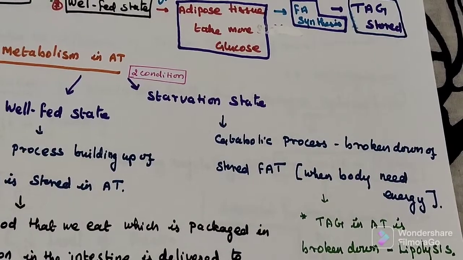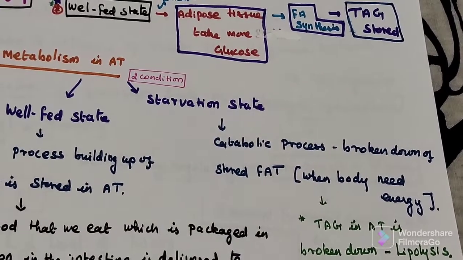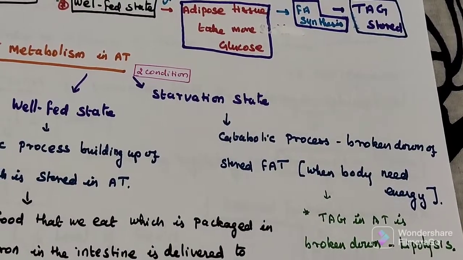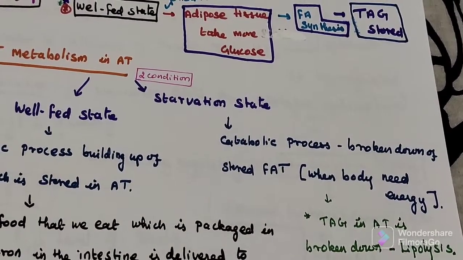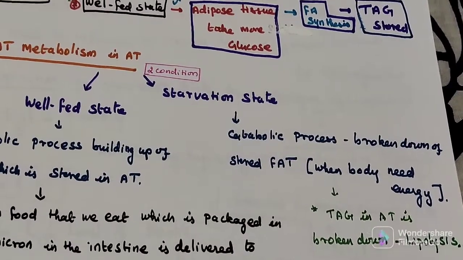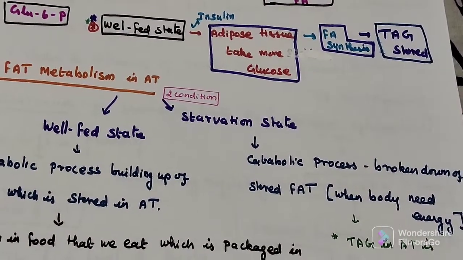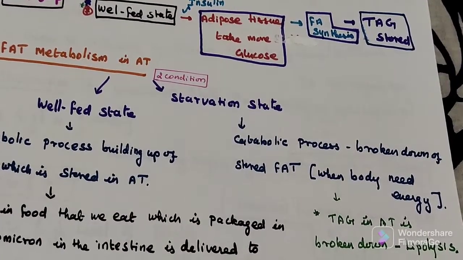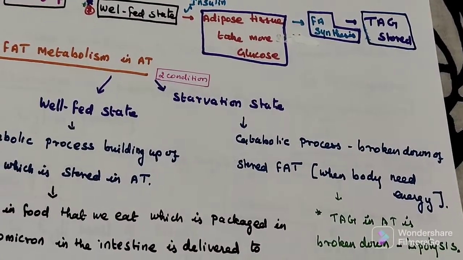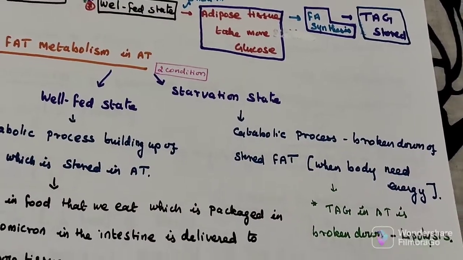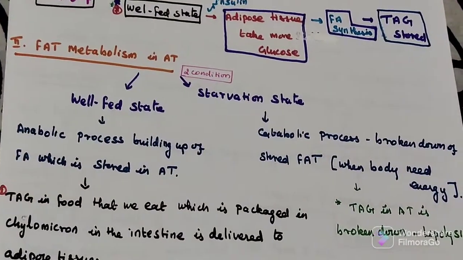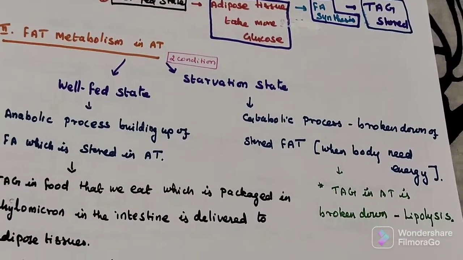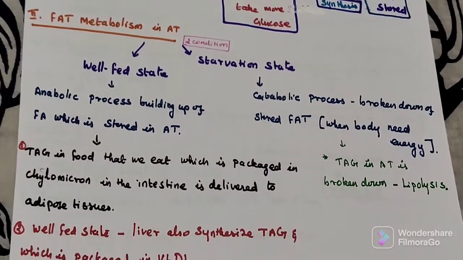There is building up of fat which is stored in adipose tissue, and during the starvation state it is a catabolic effect, where the fat that is stored is broken down as the body needs energy. The well-fed state is the anabolic process. The starvation state is the catabolic process.